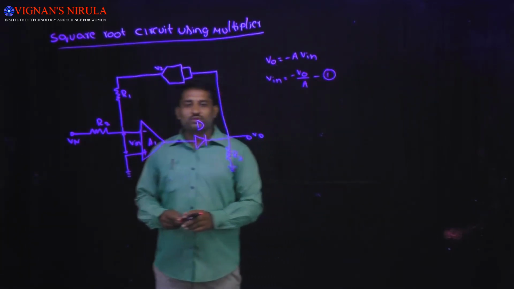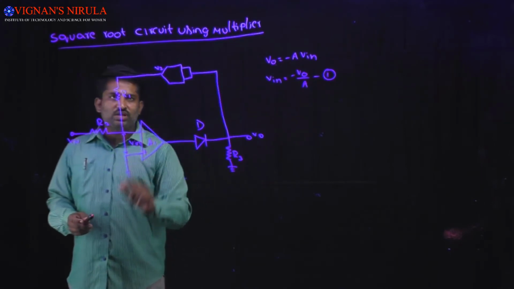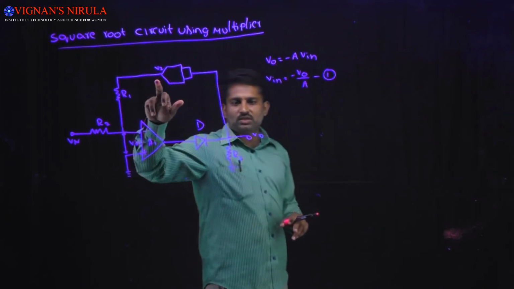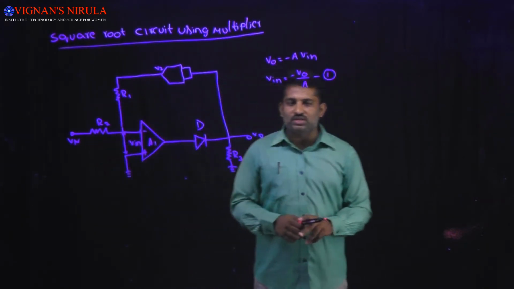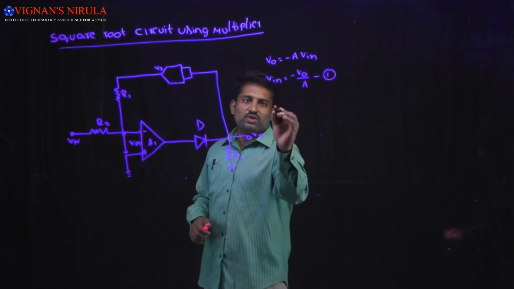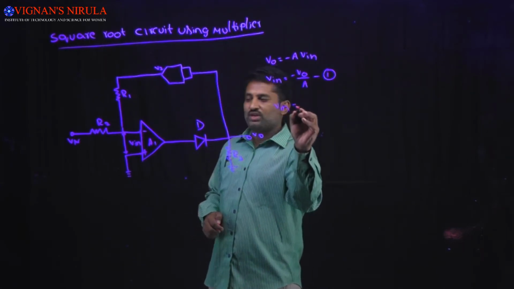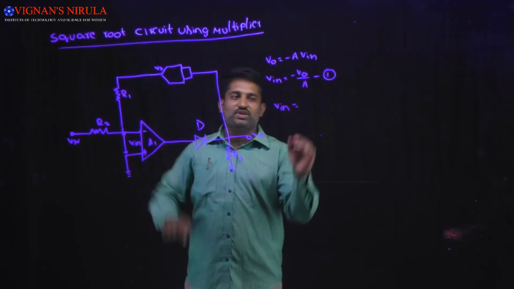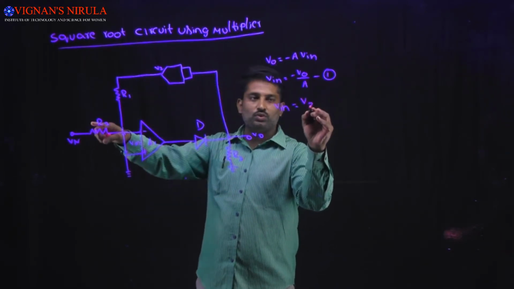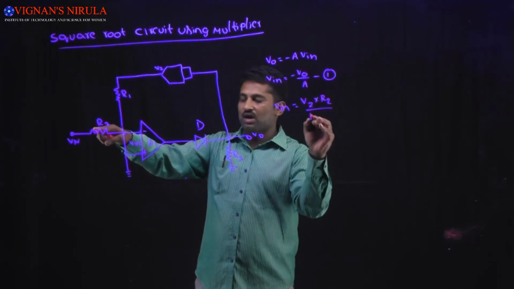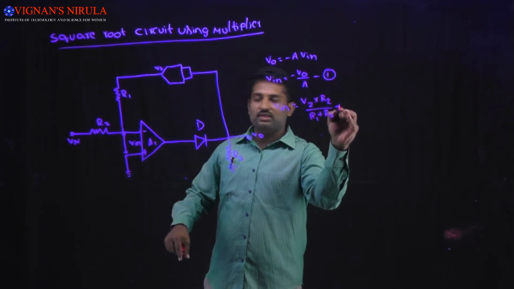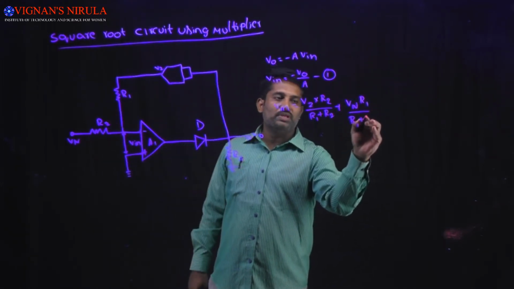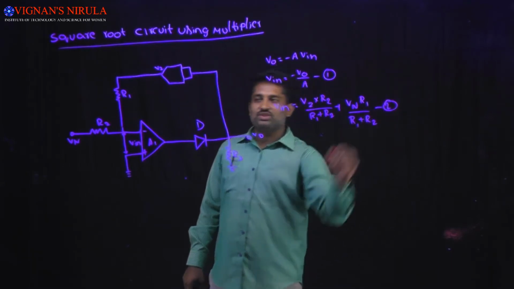If you observe this circuit, Vin is composed of two components: one because of Vz and the other because of Vn. So Vin is equal to Vz into R2 divided by R1 plus R2, plus Vn into R1 divided by R1 plus R2. Take it as equation number 2.